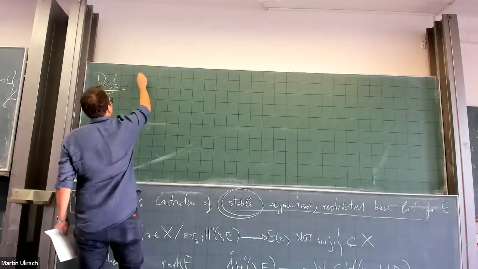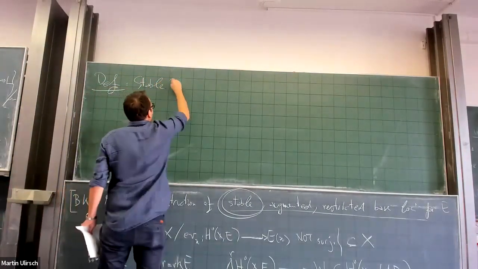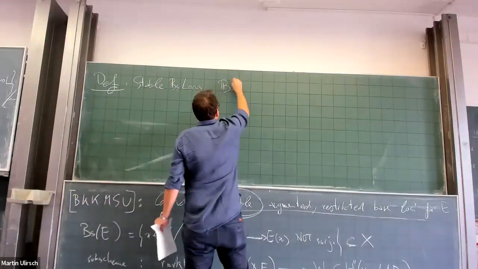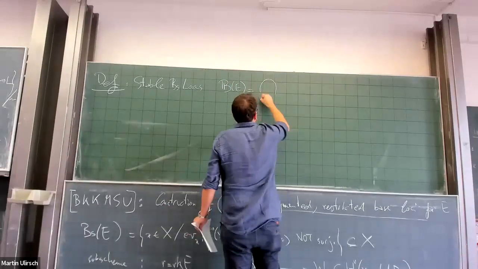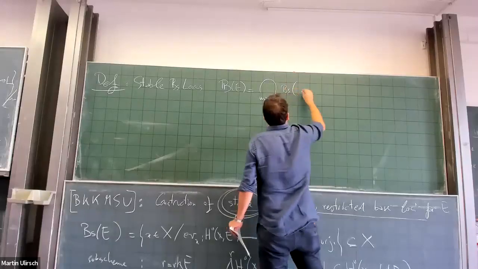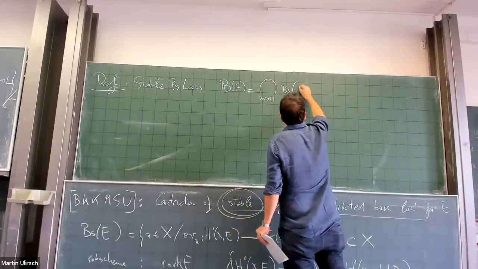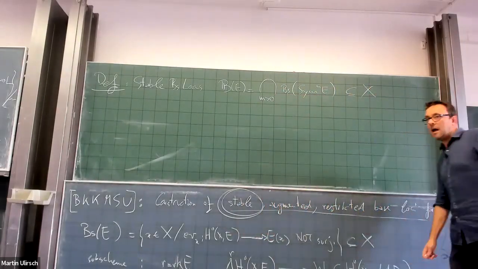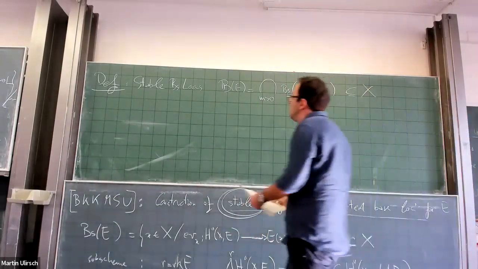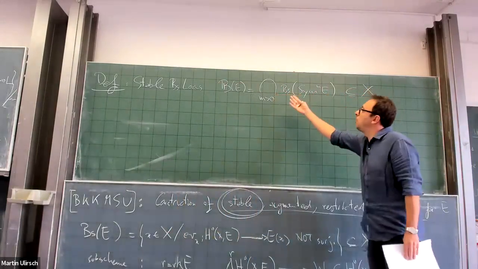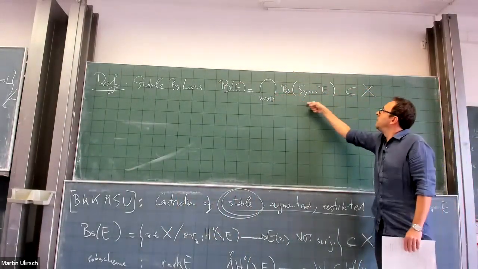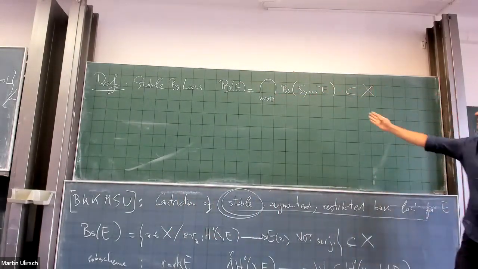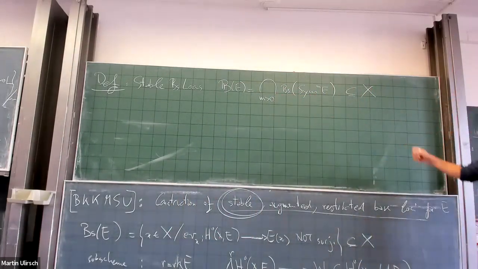So we define the stable base locus for a vector bundle E, B(E), as the intersection for all positive m of the base loci of Sym^m E. Then this is a closed subset of X, and of course, by noetherianity, this would be equal to some finite intersection, as it is a chain of closed subsets.